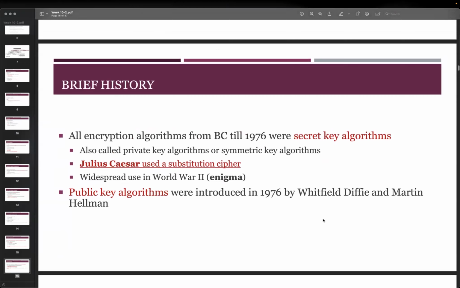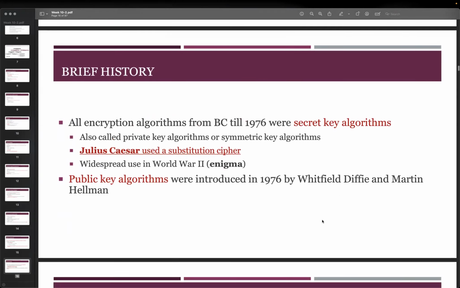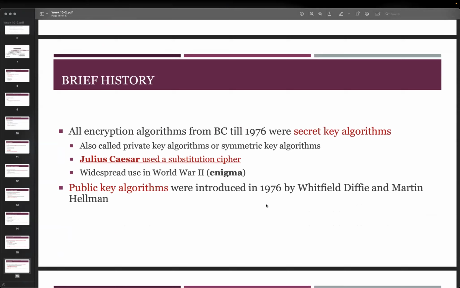Very quickly we talked about some math, then we will move on to some brief history of encryption algorithms. From BC to 1976, we call it secret key algorithms, also called private key or symmetric key algorithms.